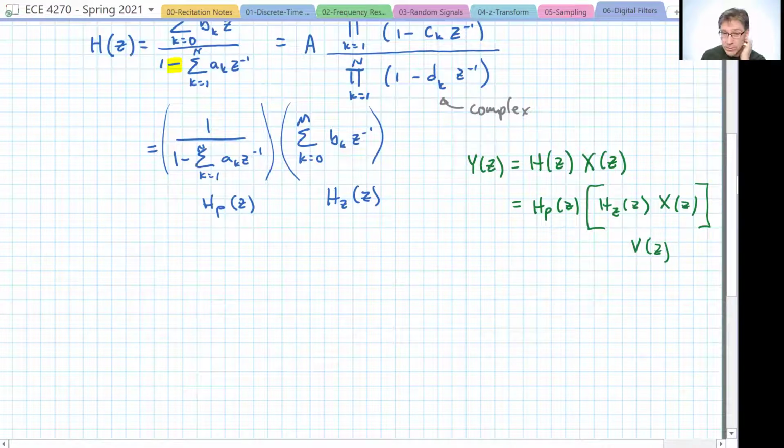The first filter is going to be the feed forward filter, and the second one will be the feedback filter.